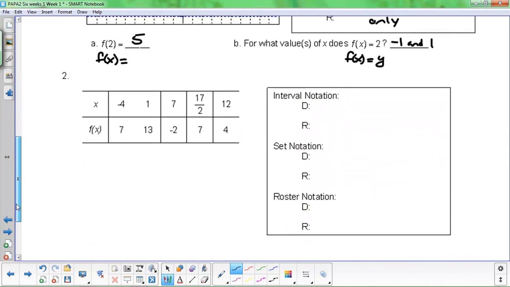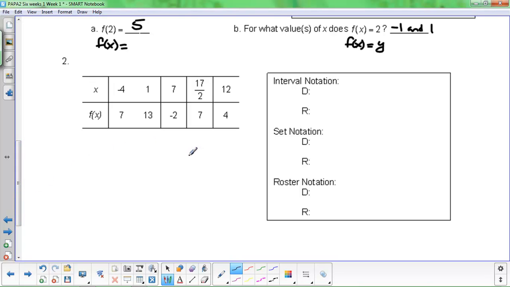Example number 2 is an example of a discrete set of values. Interval notation is not used because interval notation is used only in continuous and discontinuous functions, not discrete.